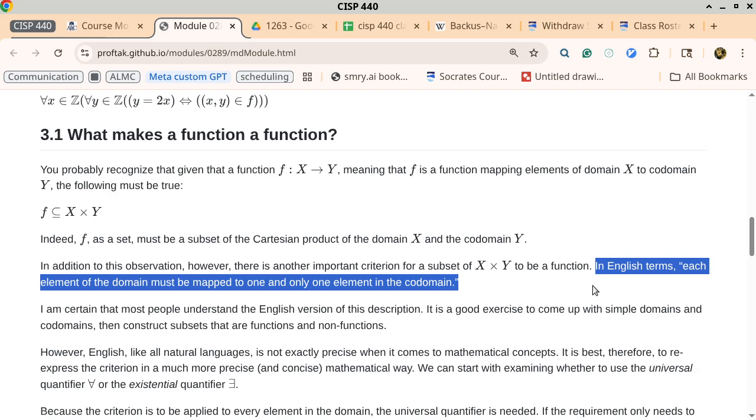So G0 has to be E, and G1 has to be an element of F. Well, that works the same way.